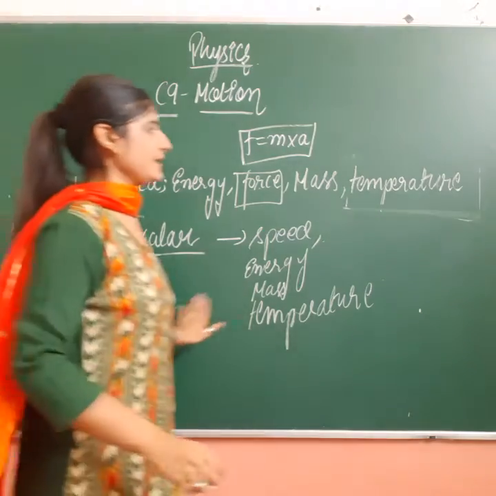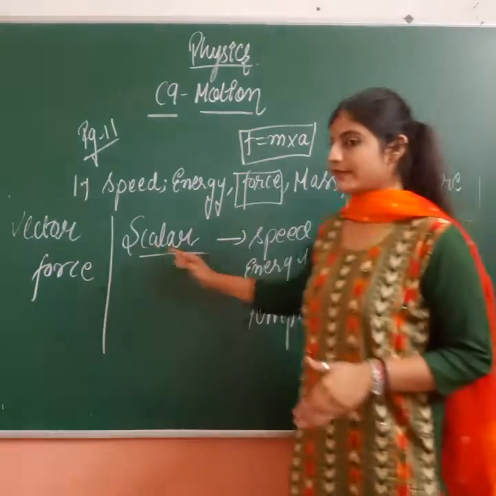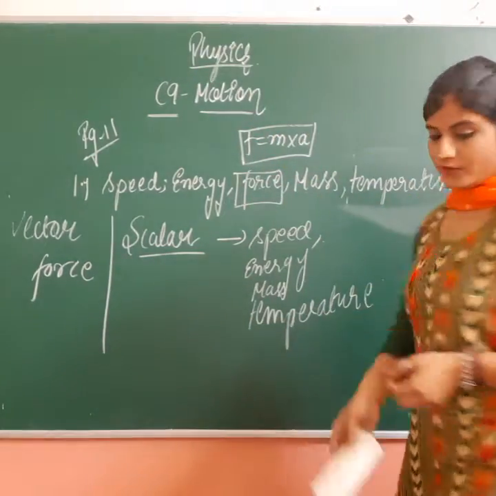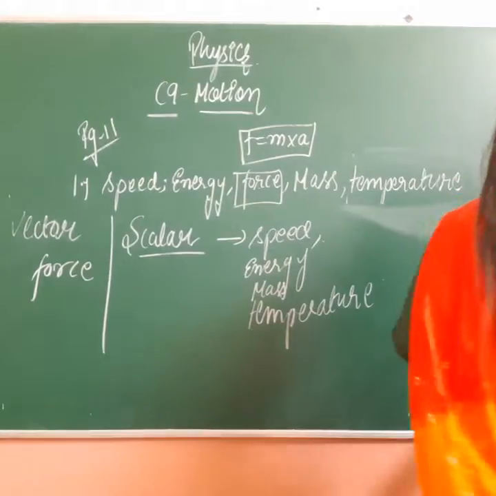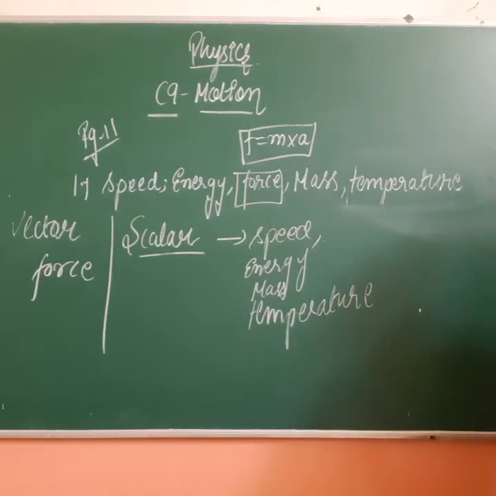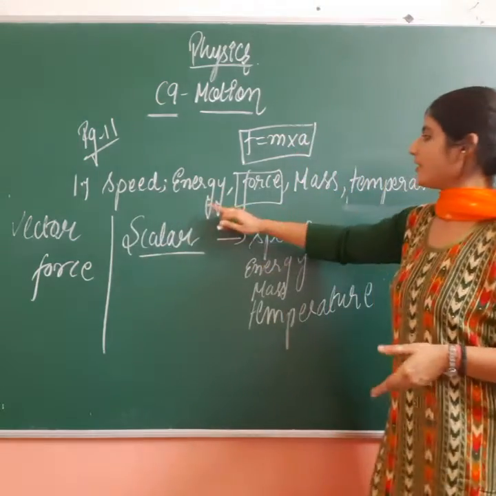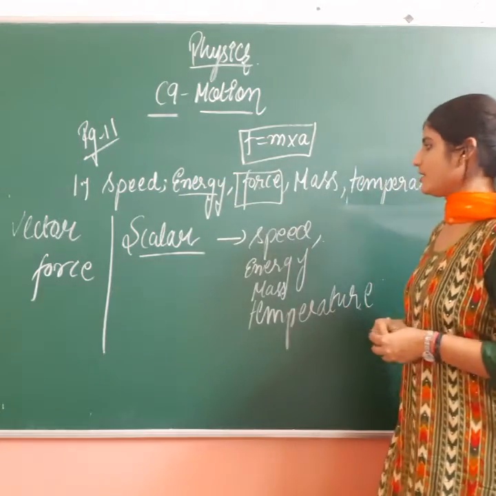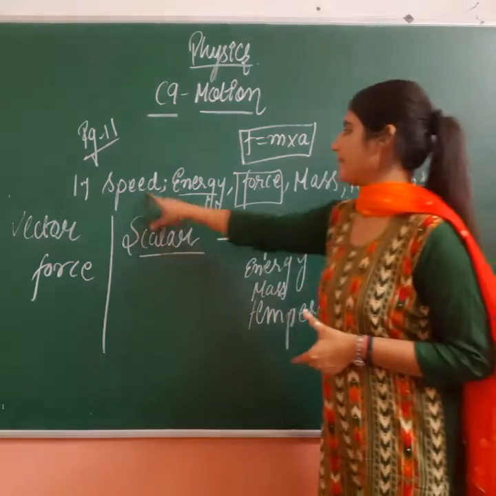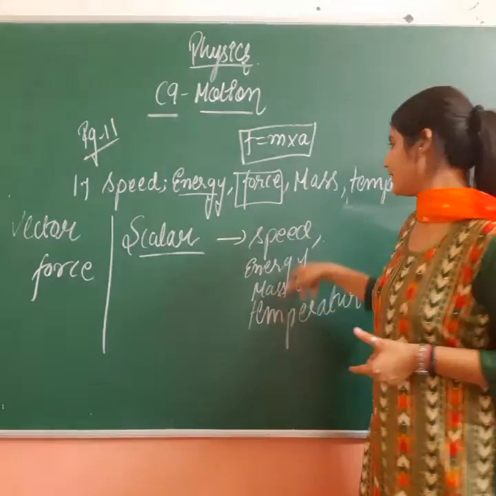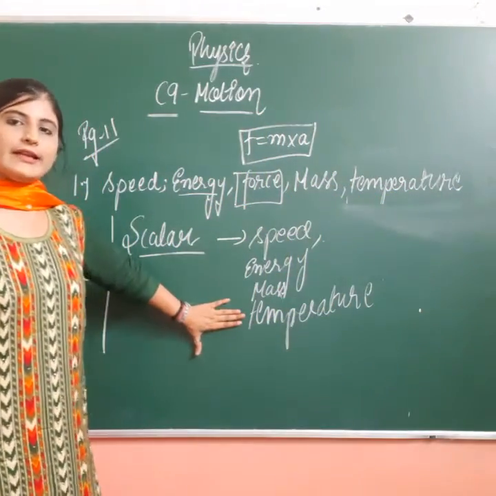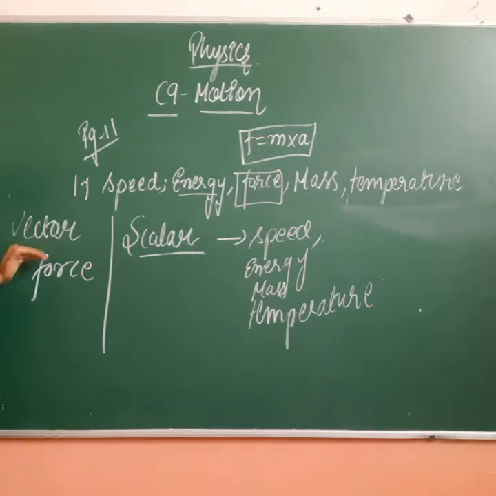So we have two perspectives. In this chapter we are reading about scalar and vector quantities. Otherwise, what do we take? Temperature. So as we can see, speed is dependent on energy somewhat. Energy means work done, but energy does not depend on direction, so it is a scalar quantity. Speed is a scalar quantity, mass is a scalar quantity, and temperature, hotness and coldness basically, is also a scalar quantity, whereas the vector quantity is force.